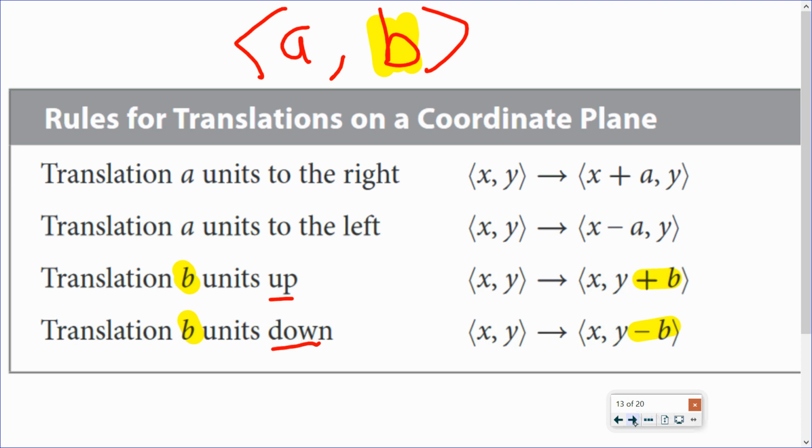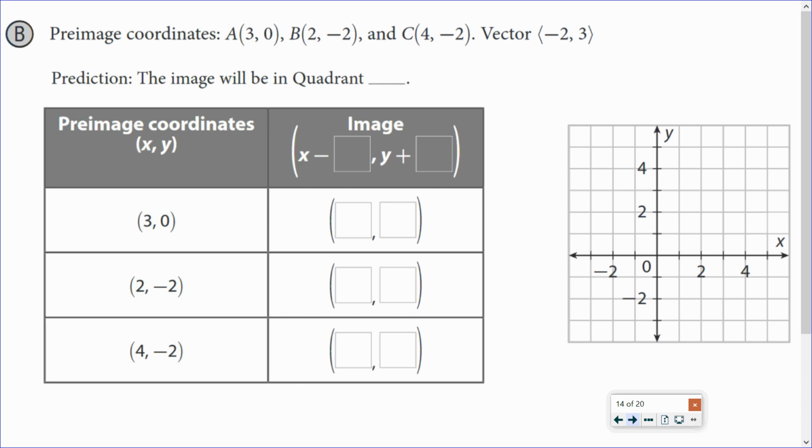Okay, so let's take a look at an example. What we want to do is first plot out the pre-image coordinates.